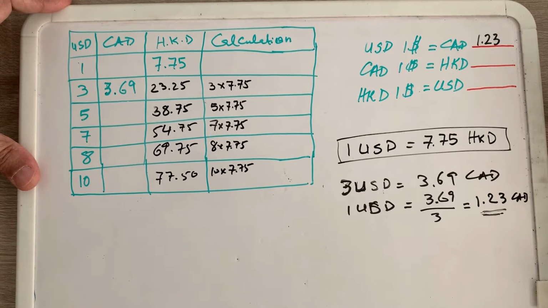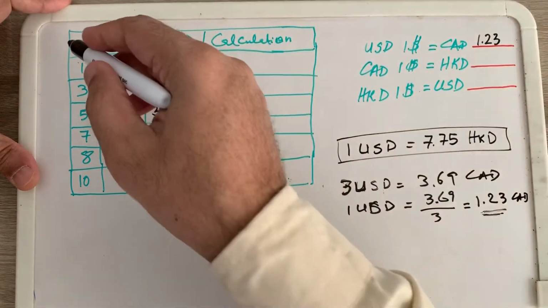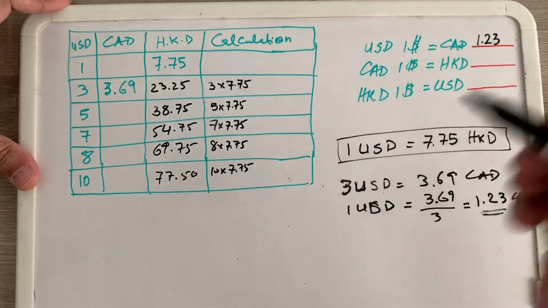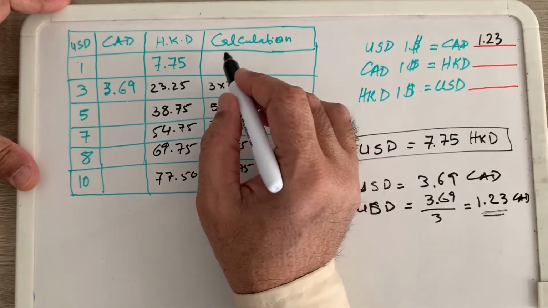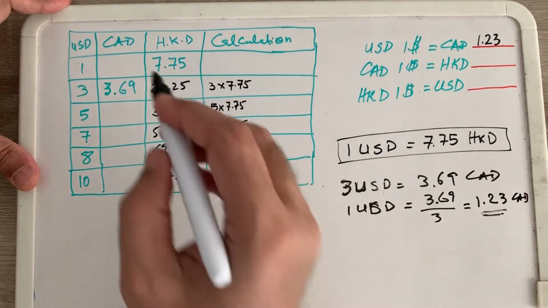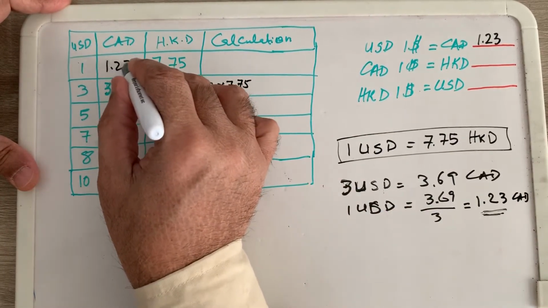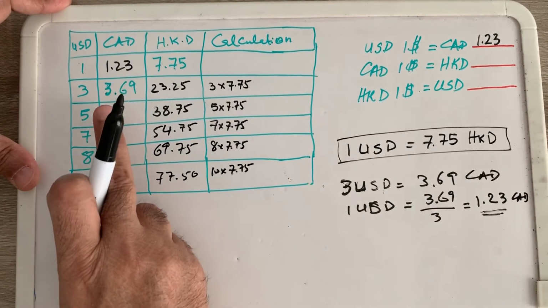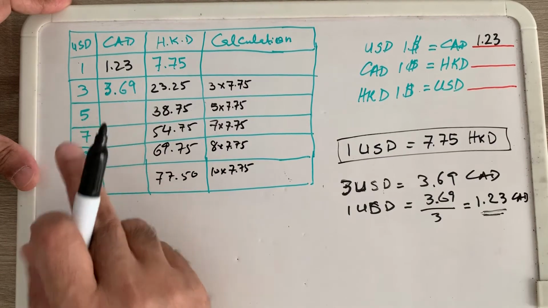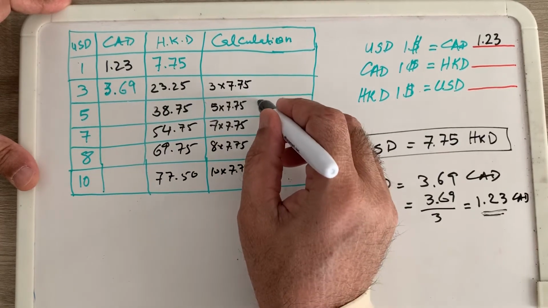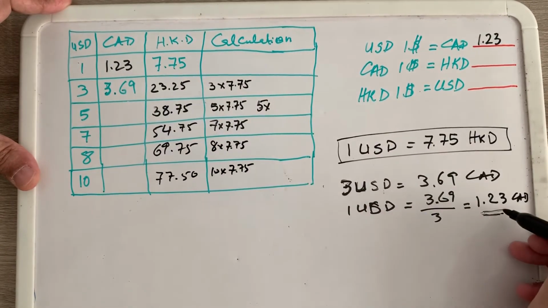So we will do all the calculations of how much 1 USD, 3 USD, 5 USD and 7 USD equal. So here 1 USD is 1.23, so I will write it here, 1.23. 5 USD means you have to multiply 5 by the factor 1.23.